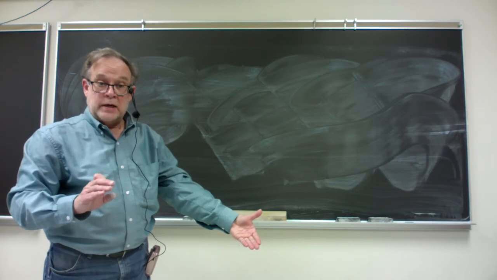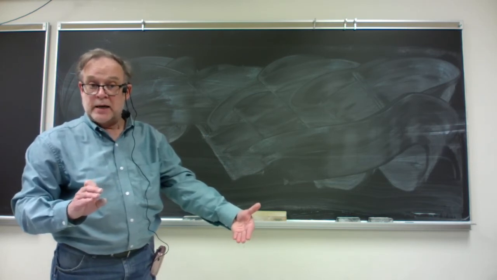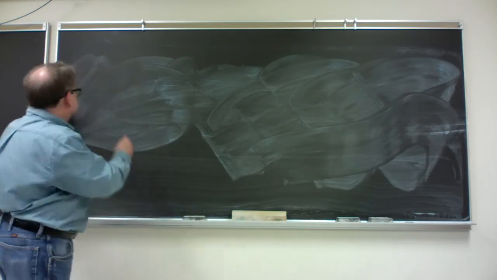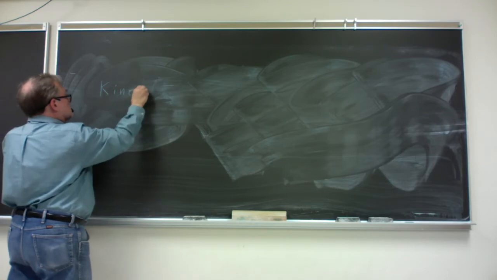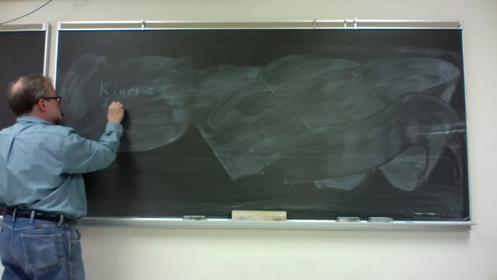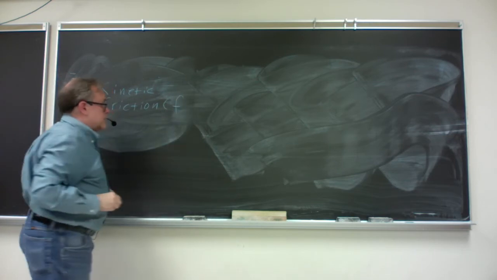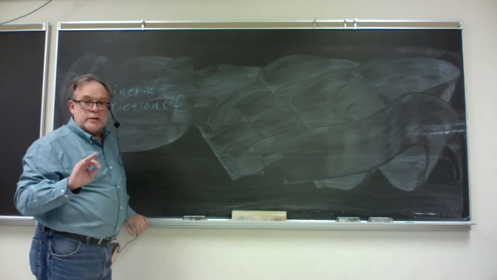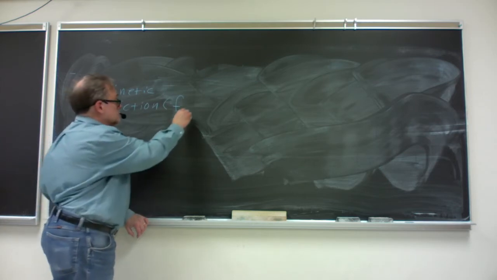There'll be a sliding friction force between the floor and the bottom side of the box. And I'll use the symbol lowercase f for all of the friction forces, and then a subscript k for kinetic friction.